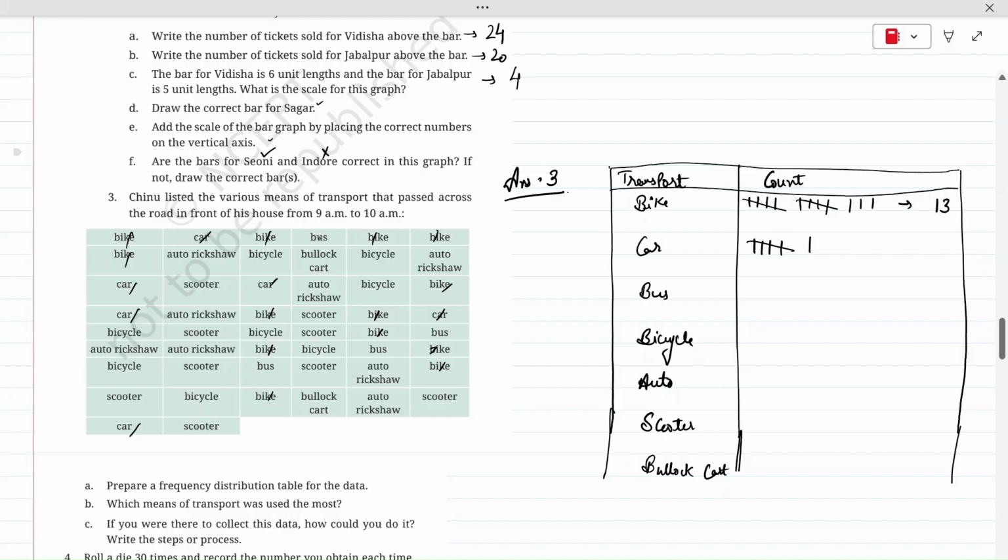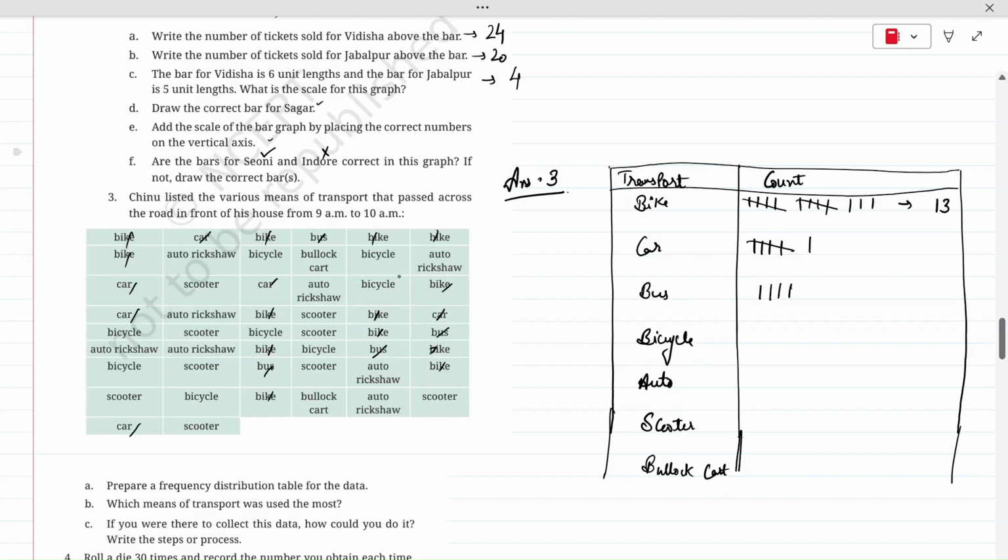Next we have bus. This is 1, 2, 3, 4. Okay, this is 4.